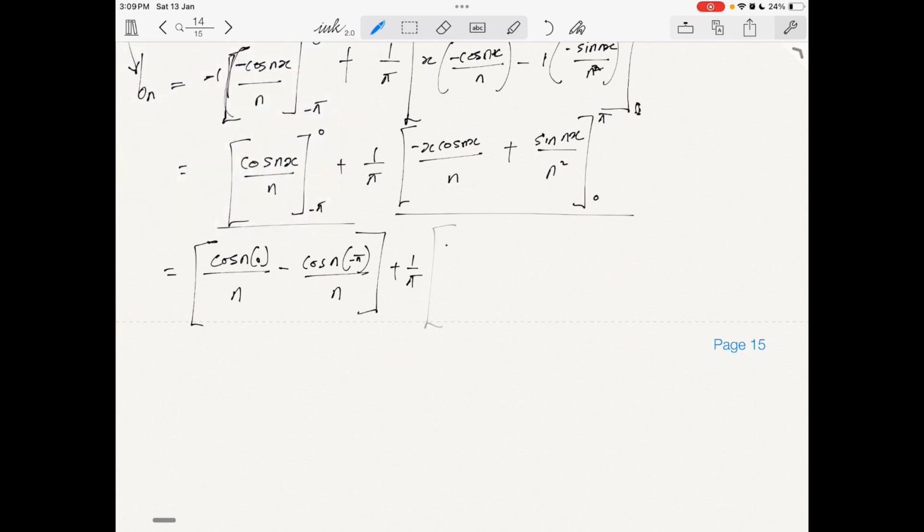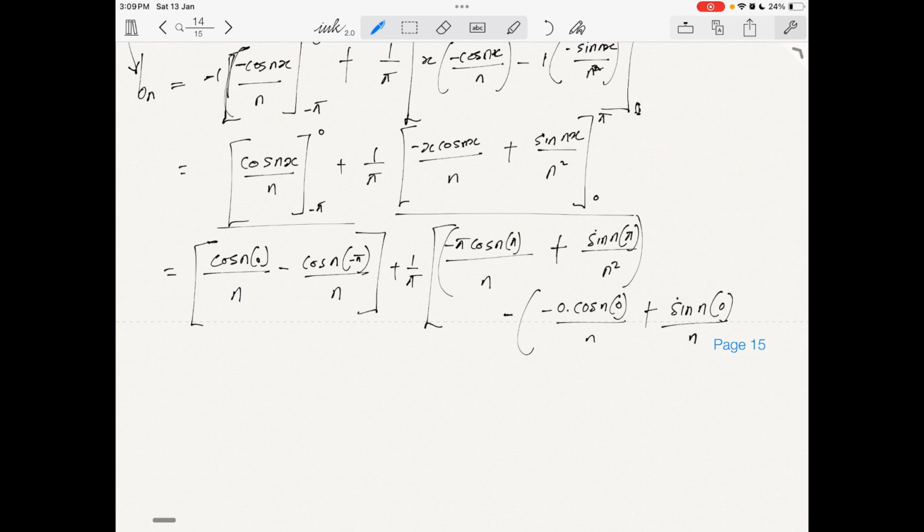Therefore, we have minus pi cos n pi over n plus sine n pi over n squared minus, now dealing with the lower limit, 0 cos nx over n plus sine n of 0 over n squared.